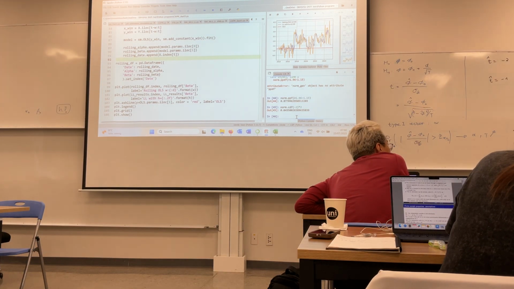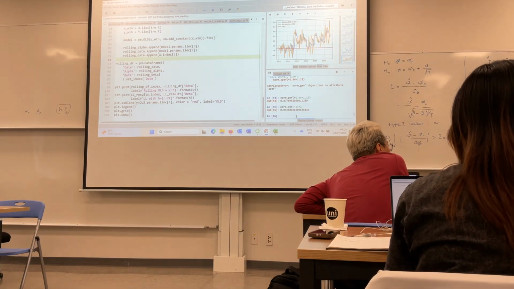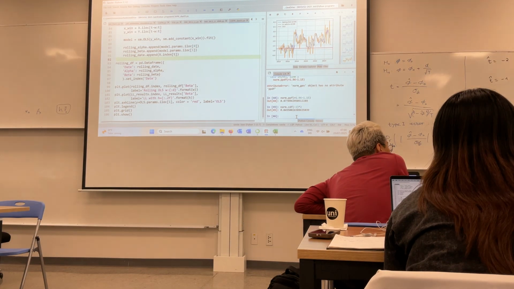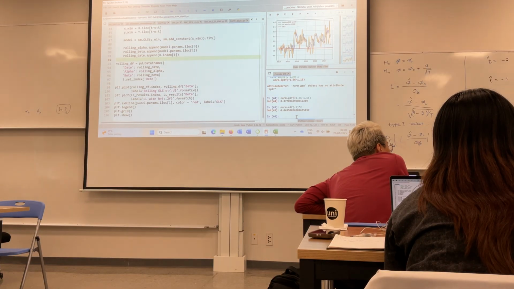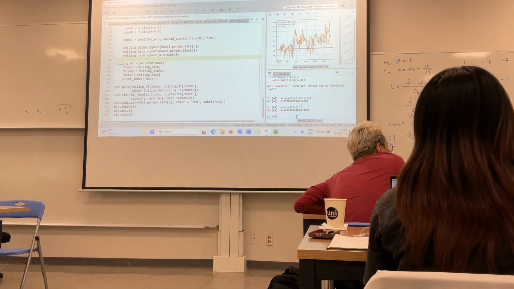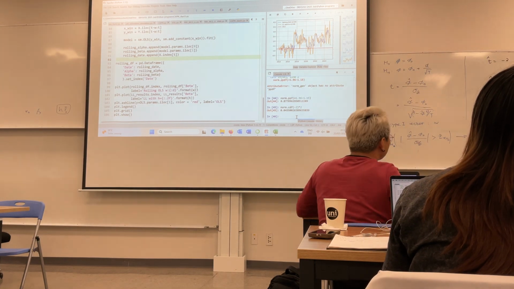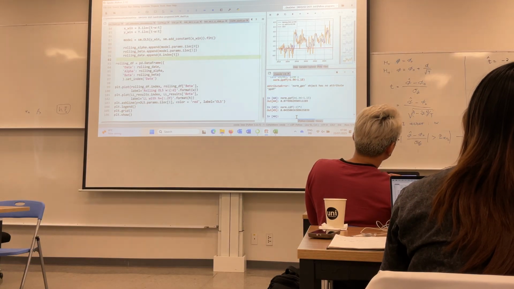The p-value is the smallest type 1 error for which the null is not rejected. That's what the p-value is. So this is a p-value. It has nothing to do with the alpha that you pick.